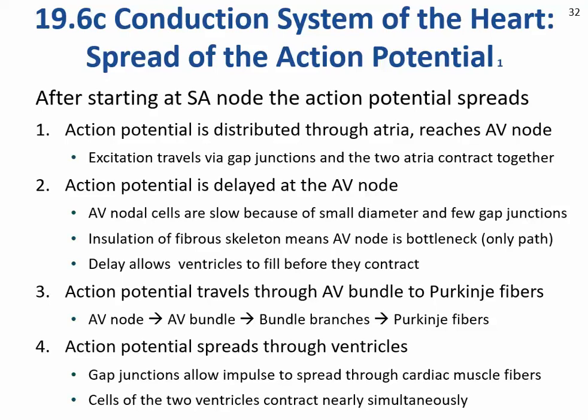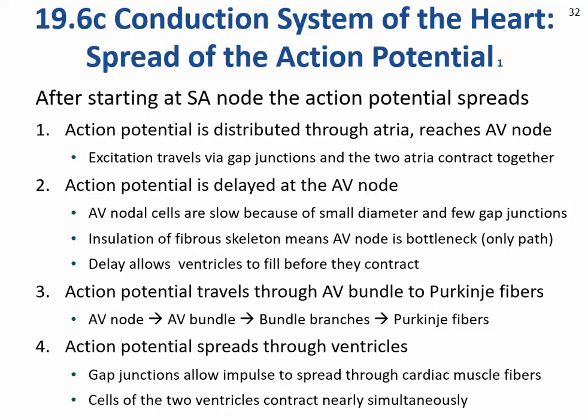The two atria contract, and we call the contraction of any part of the heart systole, so this would be atrial systole. We call the relaxation of cardiac muscle diastole. So we end up with a little bit of atrial systole. There's a bit of a bottleneck, and there's a 0.1 second delay at the AV node.